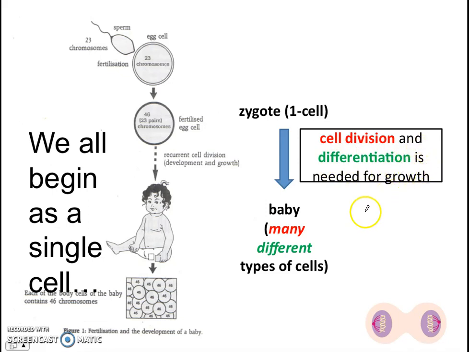Some of the cells need to become red blood cells, some of the cells need to become stomach cells, and so on. So you need both cell division and differentiation to go from one cell to many different types of cells. Now it turns out that the cell division that's important for this is mitosis. Right? The zygote undergoes mitosis to divide and divide and divide to form many cells, which eventually becomes you.